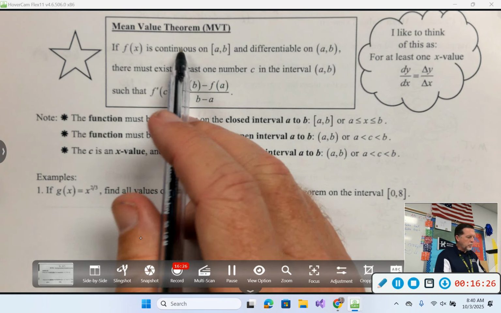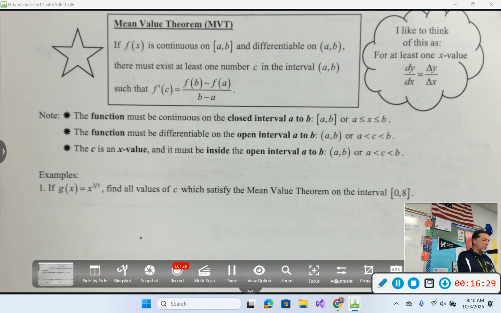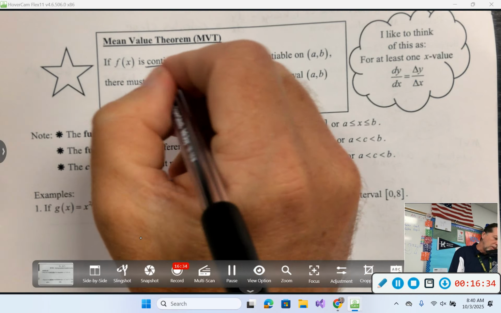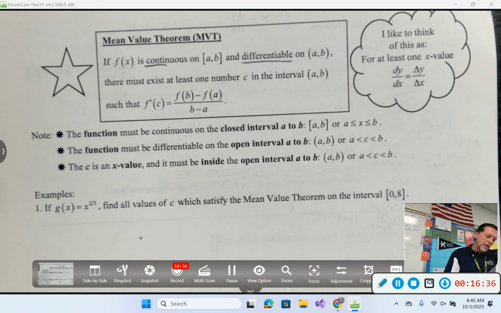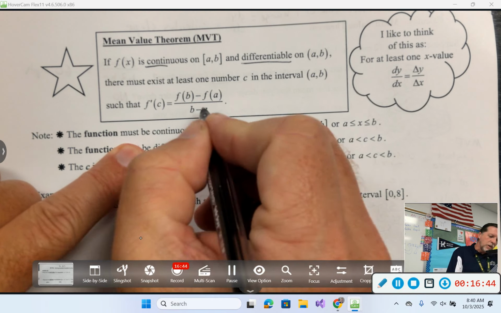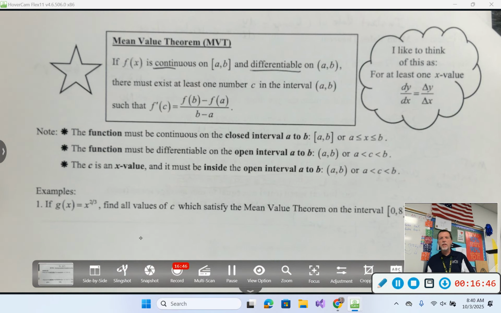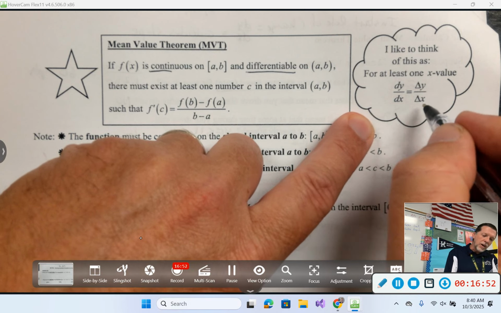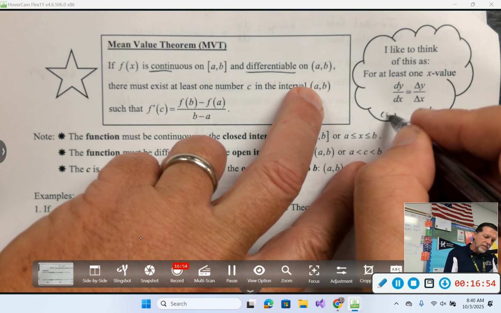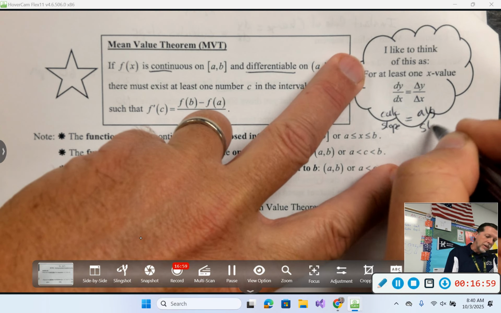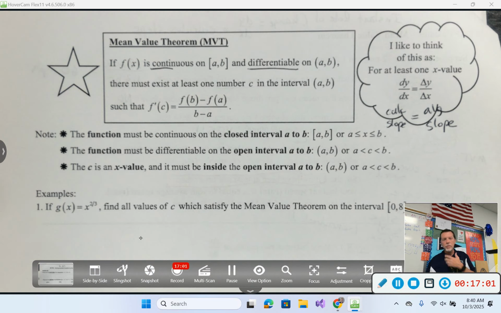Okay, mean value theorem, try to put it in a box that makes it simpler. If f of x is continuous and differentiable, there must be at least one number c in the interval a to b such that, here it is, the calculus slope equals the algebra slope. So for at least one value, dy dx equals delta y over delta x. My best way to remember it is that the calculus slope equals the algebra slope.